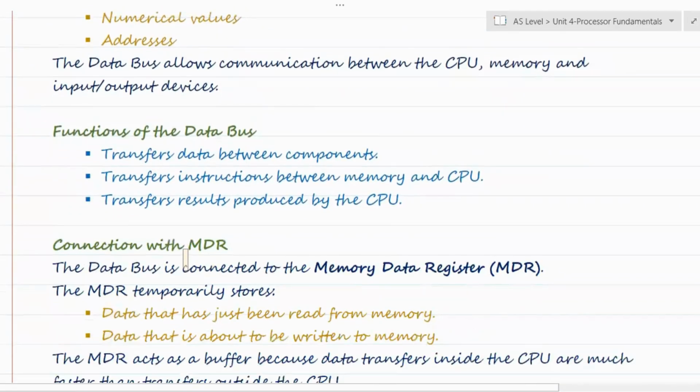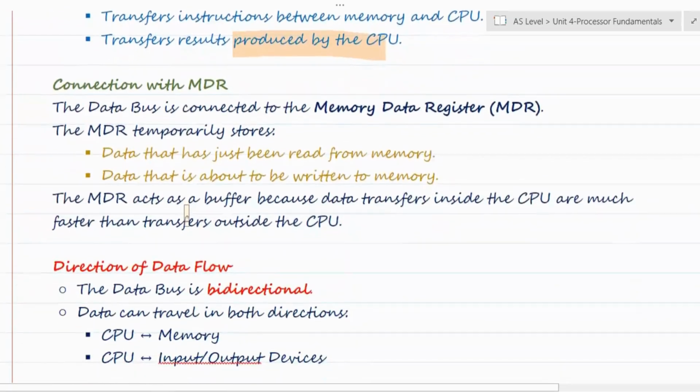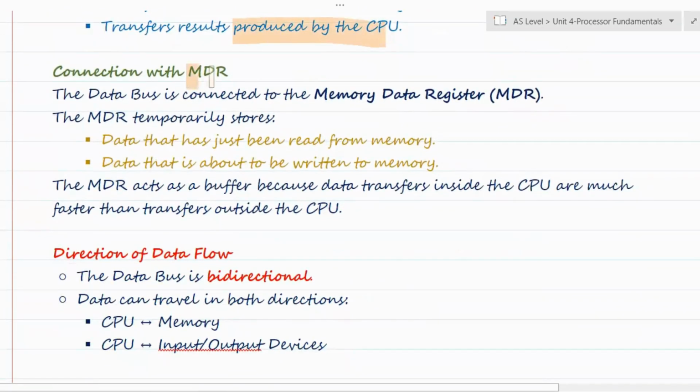Right? Now, functions of the data bus, as we have already discussed, are to transfer data between the components, transfer instructions between memory and CPU, transfer results produced by the CPU, and it has a connection with MDR, the Memory Data Register.